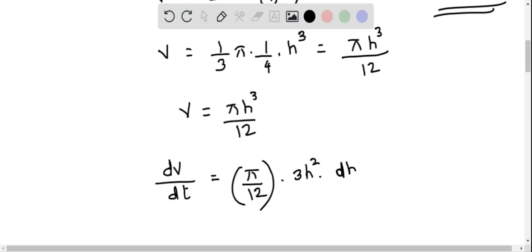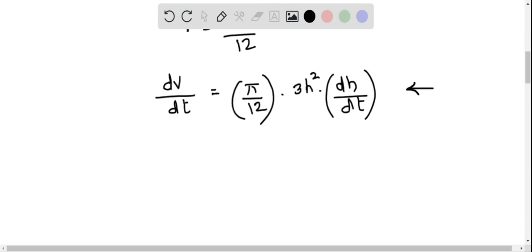When we do that, we get dH by dt. So this is basically the chain rule we are applying. Now we have all the information to plug into this equation and solve for dh by dt.